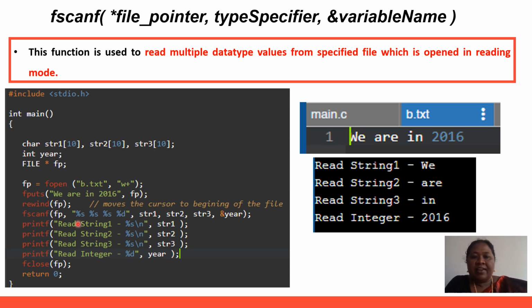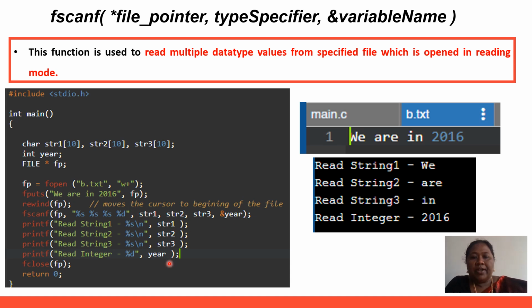And then you start the reading part. With the help of fscanf, the first argument is the file pointer. The second argument is the specifiers corresponding to the different combinations of data types that are there. And then mention the variable names, along with the address of this particular numerical data.